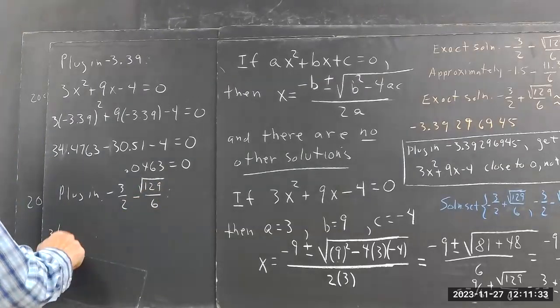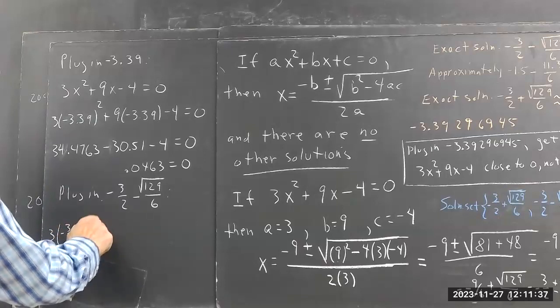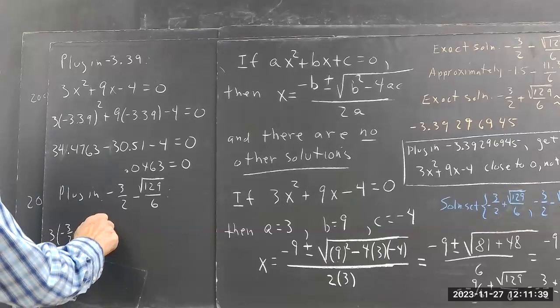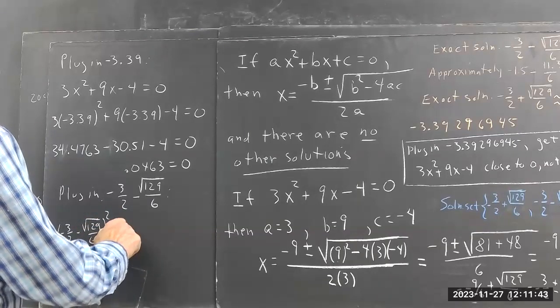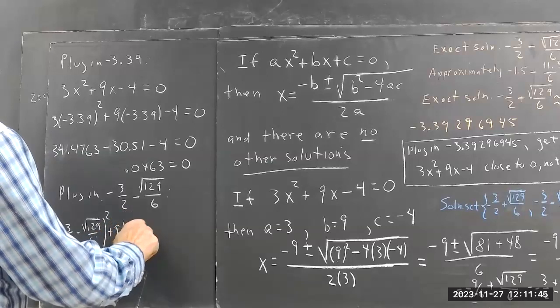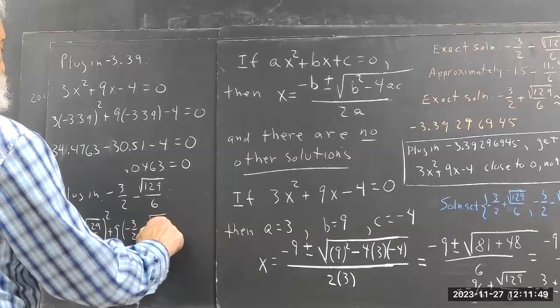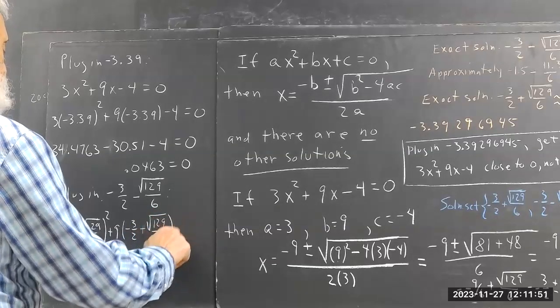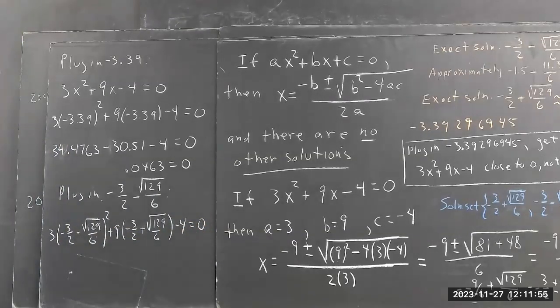We get 3 times negative 3 halves minus the square root of 129 over 6, squared, plus 9 times negative 3 halves minus the square root of 129 over 6, minus 4 equals 0.